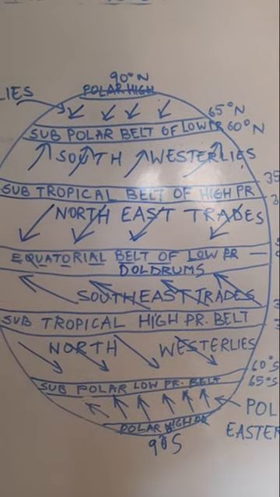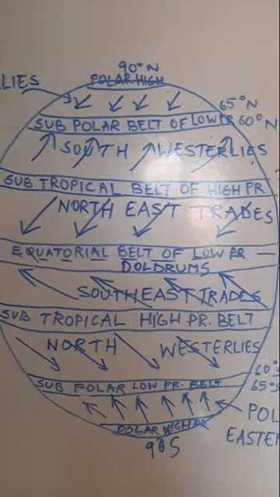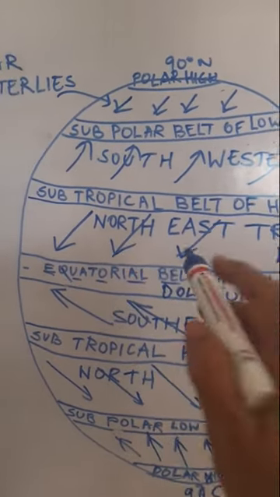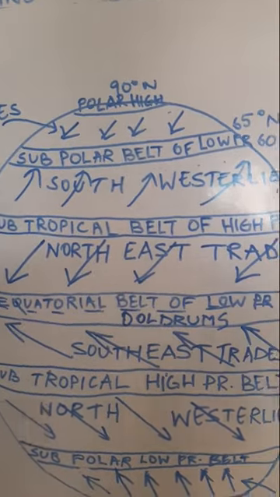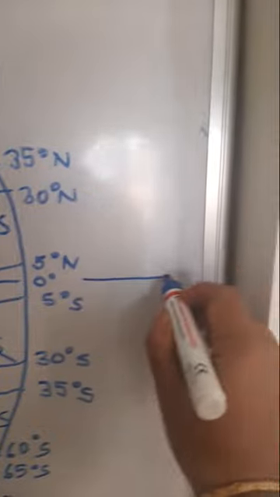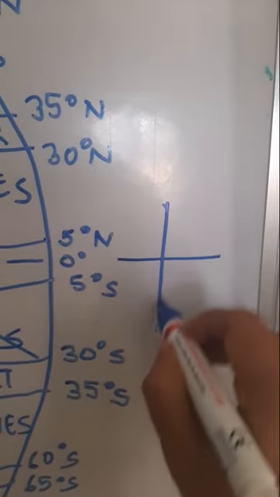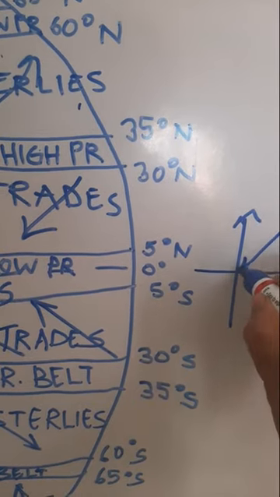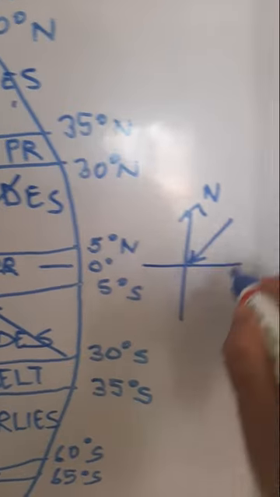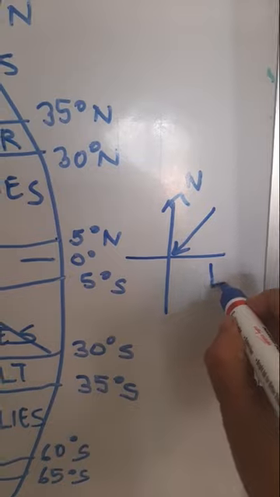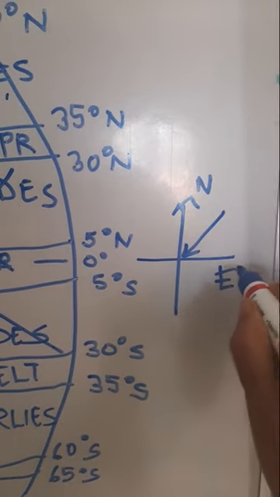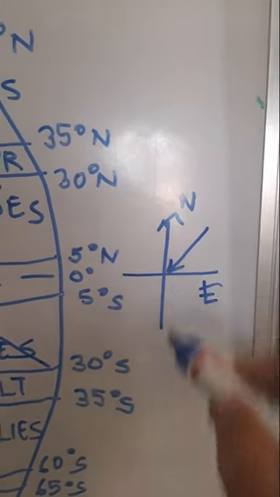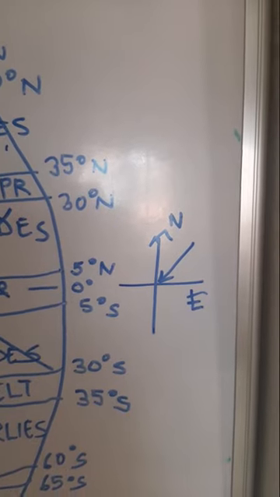Now coming to the naming of the winds, children, here you see it is northeast. So if I draw a north line here, children, the winds are blowing in this direction. So if this is north and this is east, the winds which are blowing in this direction, so the word north is there.